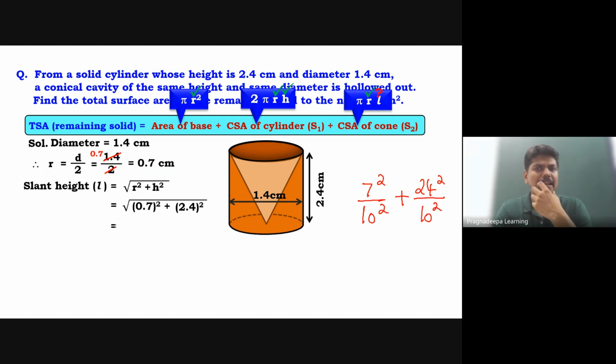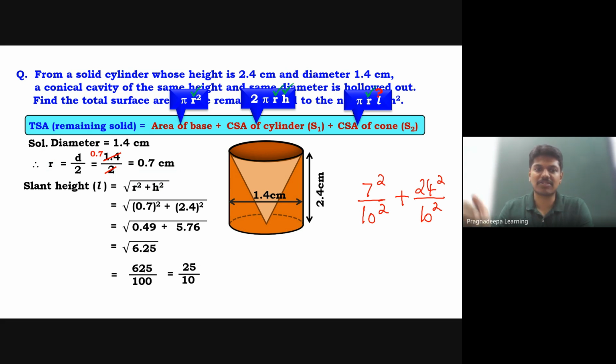Or, sir, I can play with decimals, it's up to you. 0.49 plus 5.76, which turns out to be 6.25. Of course, 6.25 means it is the square root of 625 by 100. Oh, sorry, I missed the square root symbol here. It's the square root of 625 by 100, which is 25 by 10. Therefore, the slant height l is equal to 2.5 centimeter.